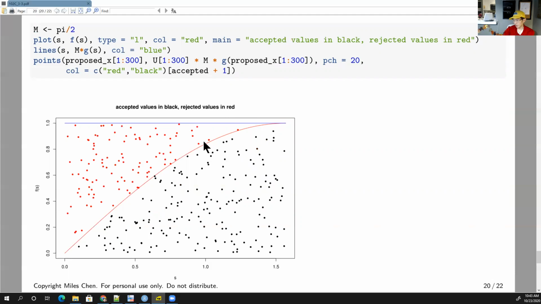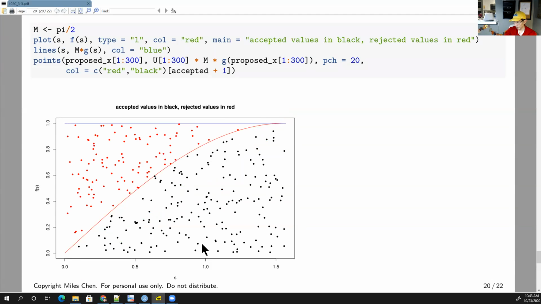And this is kind of the diagram. Again, we're generating values uniformly from 0 to 1.57-ish. And we will only accept it if a random uniform value, which is kind of the vertical spot, comes in underneath the line.